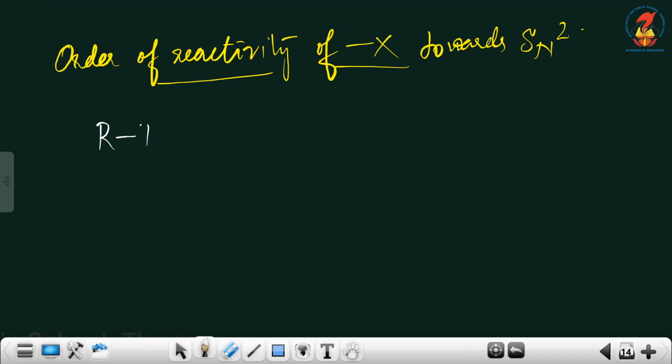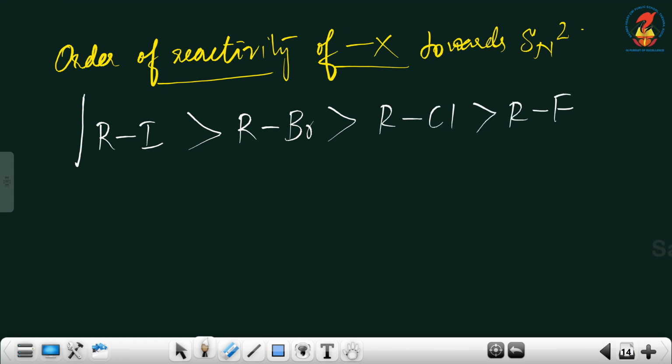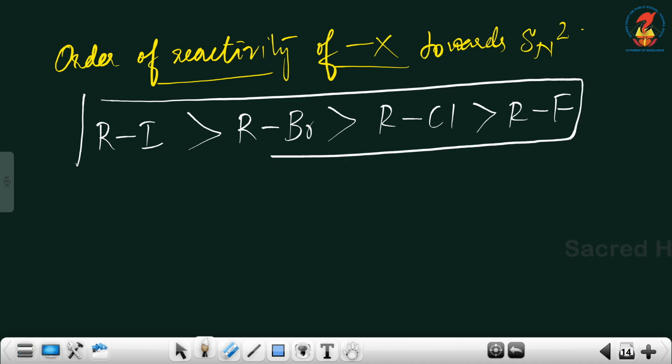It is alkyl iodides are more reactive than alkyl bromides, then alkyl chlorides, then alkyl fluorides. So, the most reactive halide is alkyl iodides.